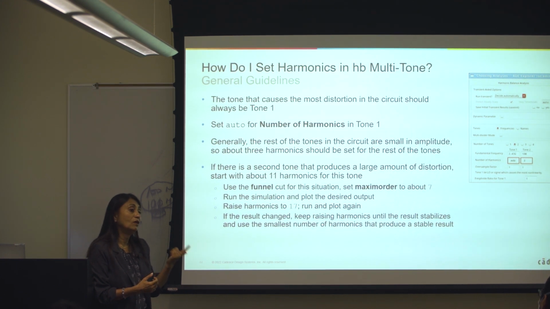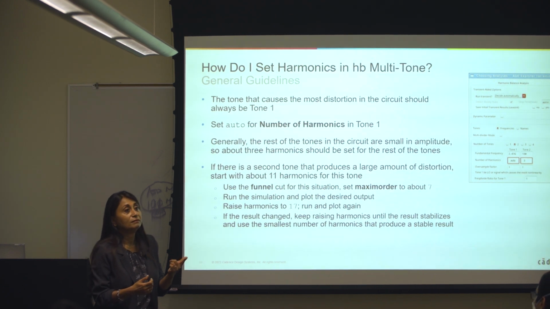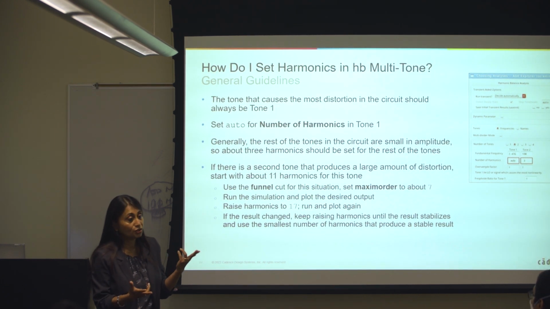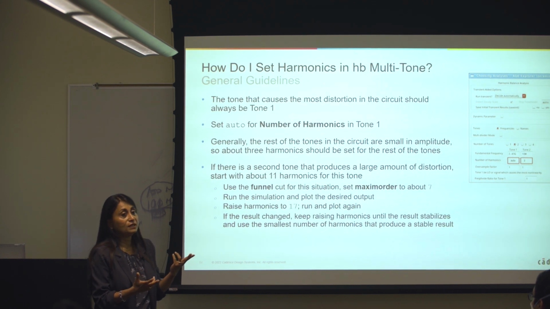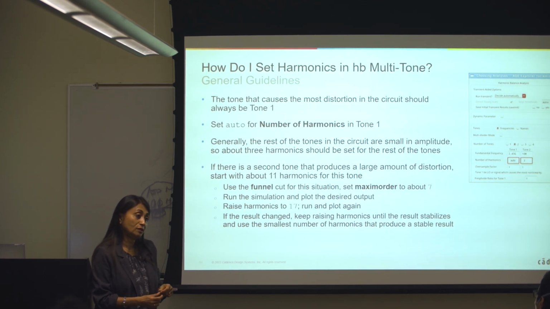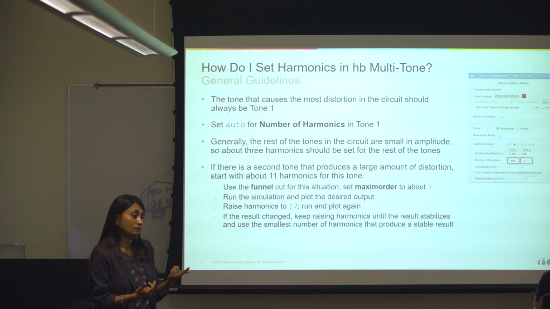But if you are going to have 3 large tones, if it is fairly linear, I would use HB. Which one will be tone 1 in that case? The one that causes the most distortion is going to be tone 1.